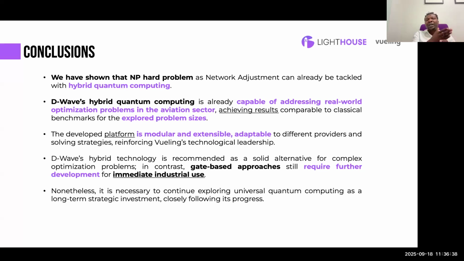That means that we are thinking about real problems. Okay, and Vueling here is working with this problem not only as a toy example, but to move forward and to put this problem in production. That is very, very good.